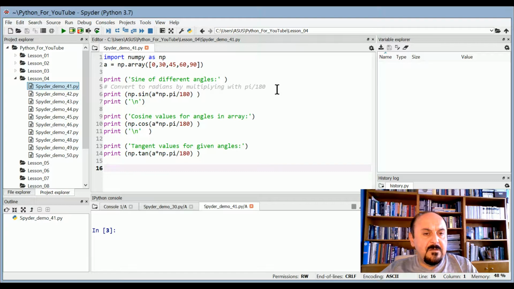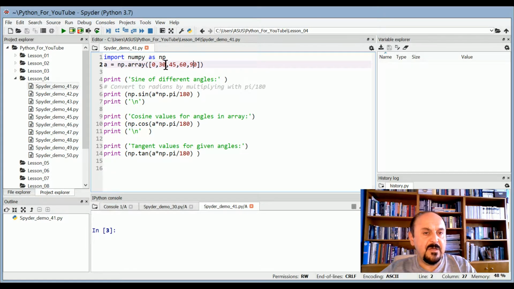In this example, I'll show you the implementation of functions with arguments and showing its values. And here I define a variable, an array. So I have to include degrees 0, 30, 45, 60 and 90. These are decimal integers, and I would like to calculate the sine of these different angles.